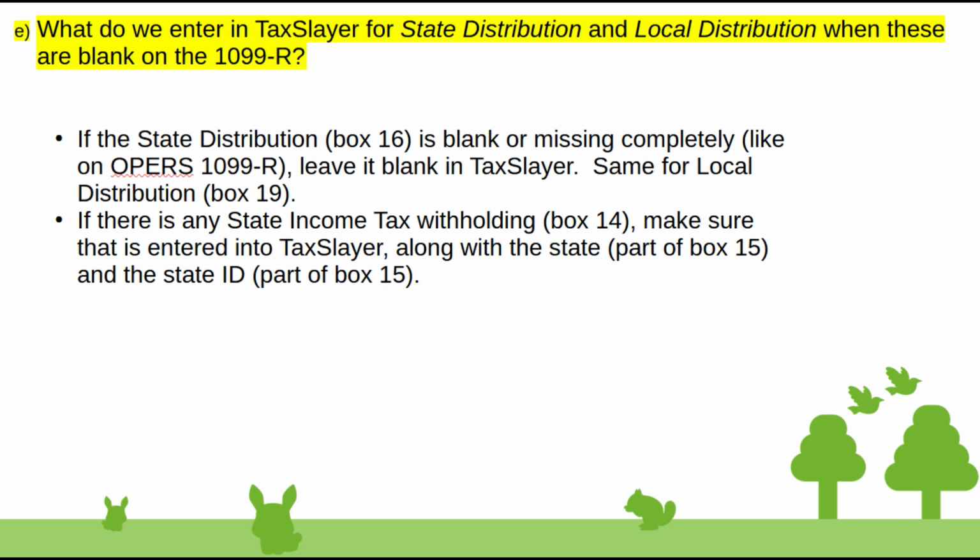The important thing to note, however, is if there's any state income tax withholding, box 14, make sure that that is entered into TaxSlayer along with the state, which would be part of box 15, and the state ID, which is also part of box 15. The tax withholding is definitely needed in the calculation for the overall Ohio tax.